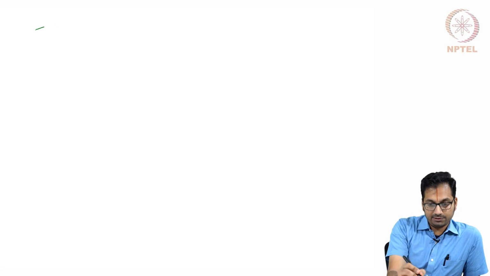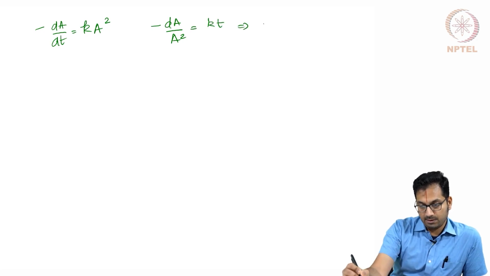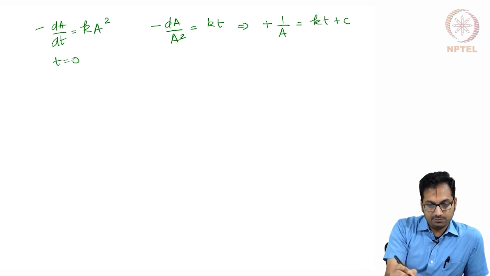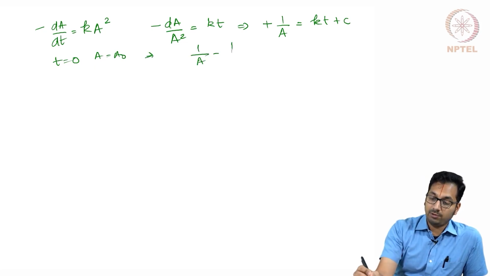Similarly, for second order it is going to be minus dA by dt equal to kA squared. So this is going to integrate into plus 1 over A equal to kt plus c. At t equal to 0, A equal to A naught, which implies 1 over A minus 1 over A naught equal to kt.